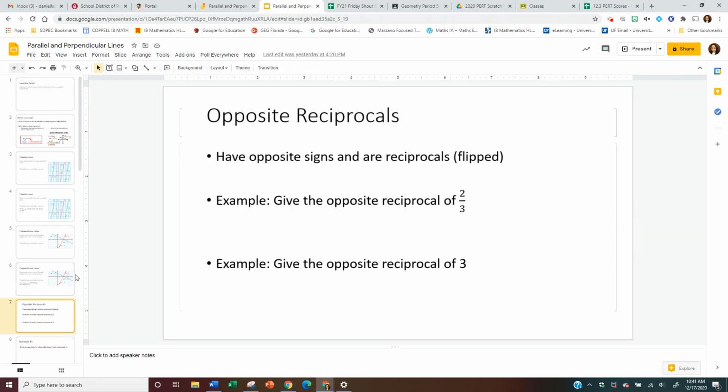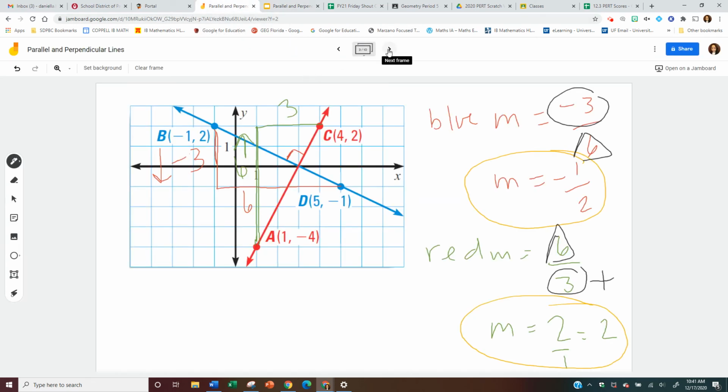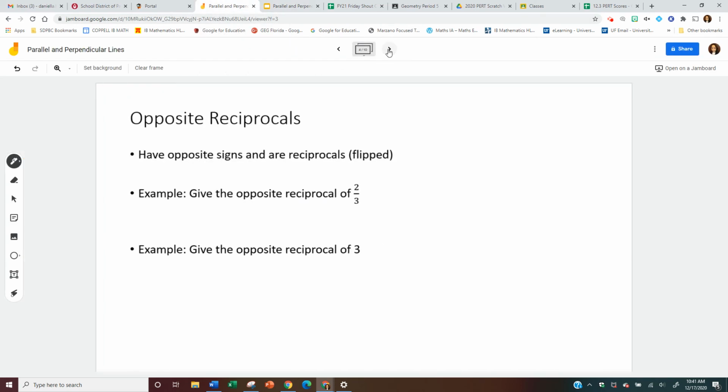What does opposite reciprocal mean? I'm going to show you in the next slide. They have opposite signs from each other, and that's what we saw. They have to have opposite signs, and they are reciprocal, so the fractions flip.